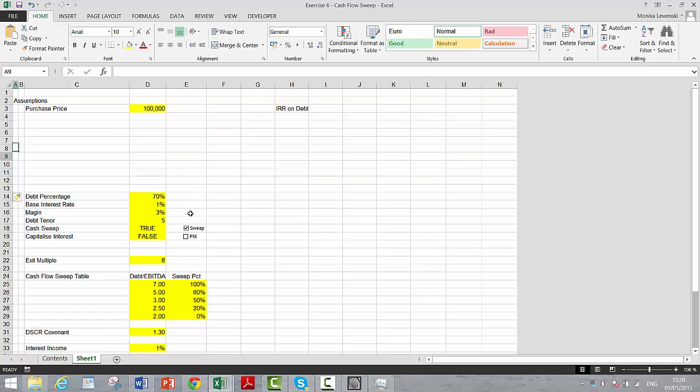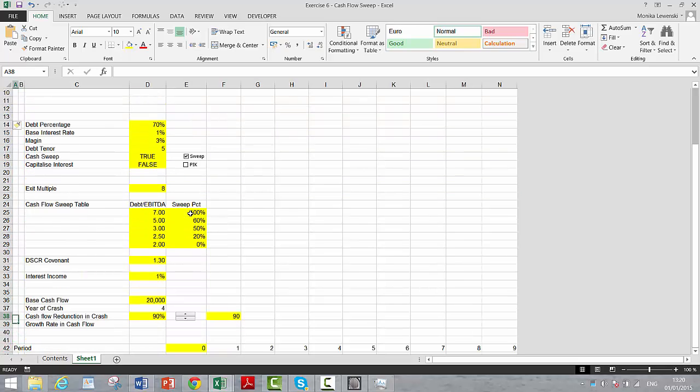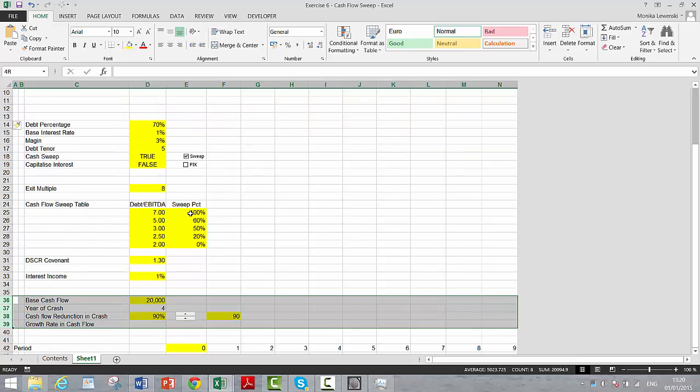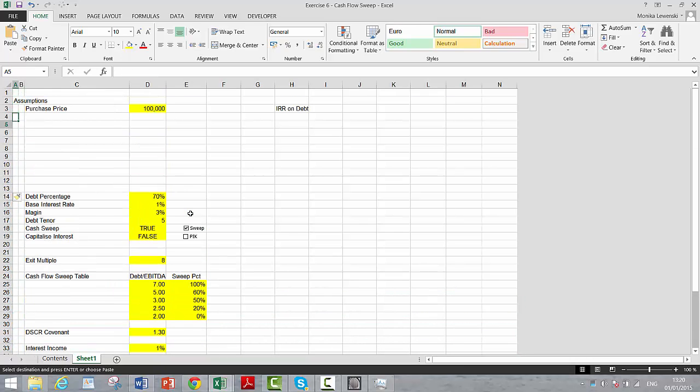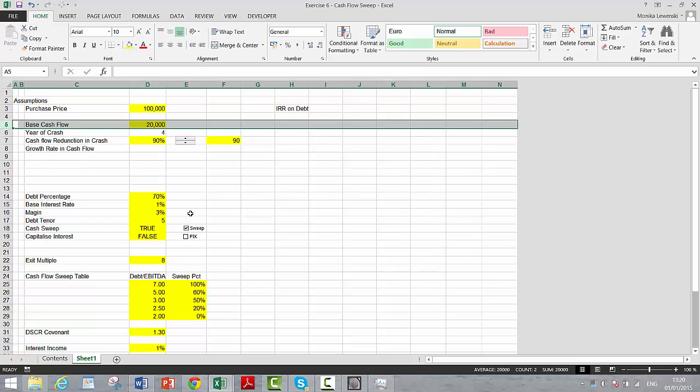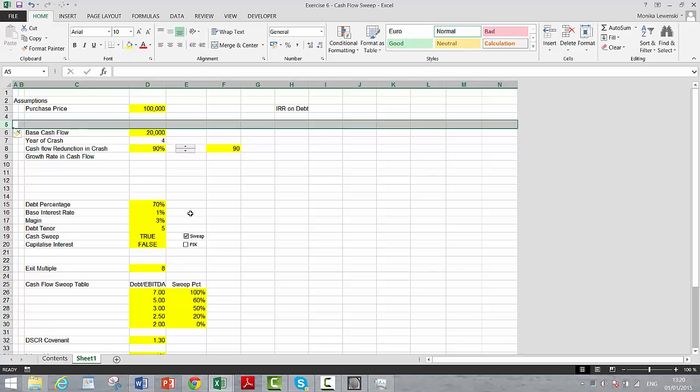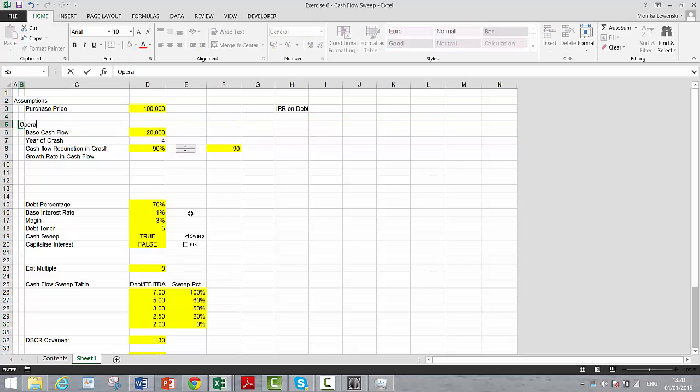I used to make these things and violate my own rules so badly, it's just not acceptable. So we really have some transaction assumptions, and then we have some operating assumptions.